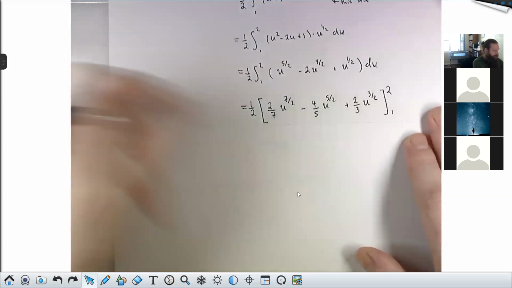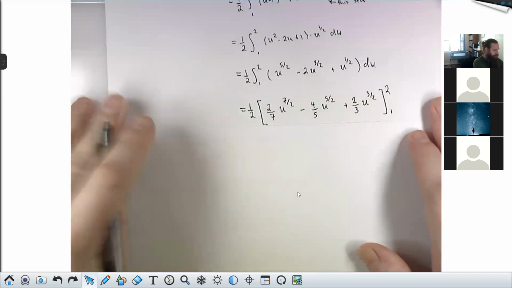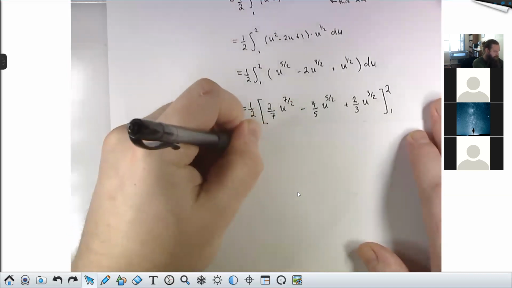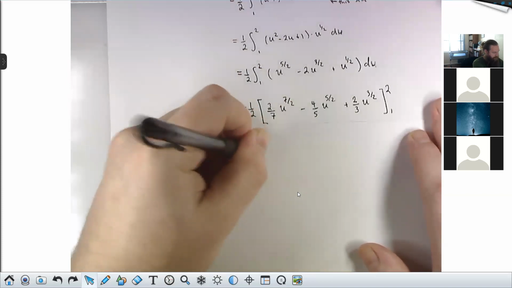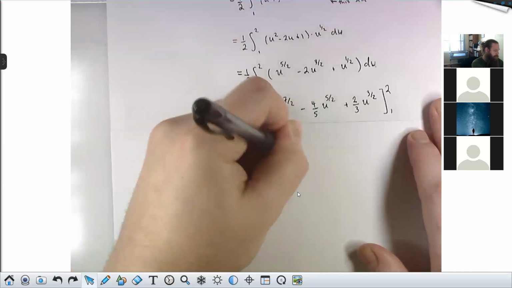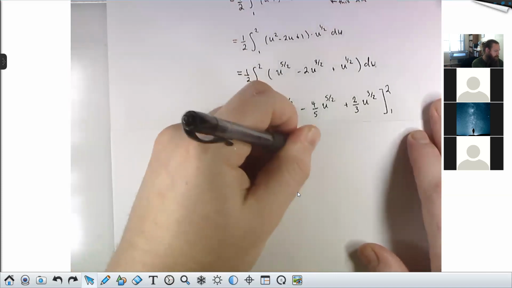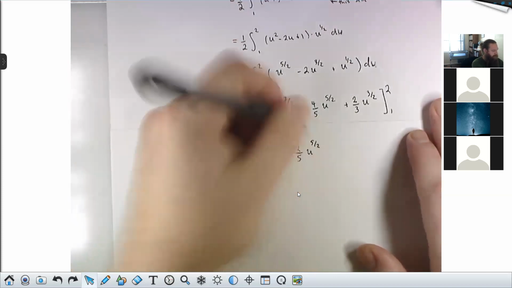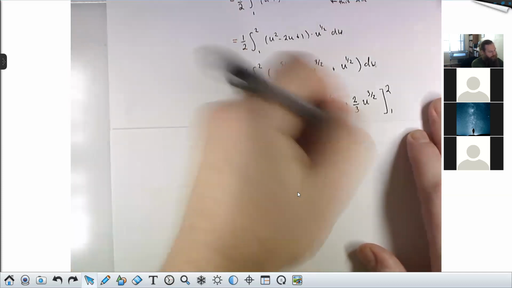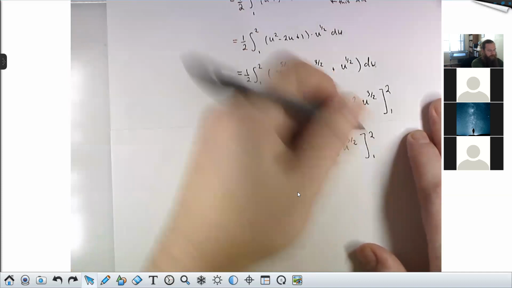This will become 1/7 u to the 7/2 minus 2/5 u to the 5/2 plus 1/3 u to the 3/2 evaluated from 1 to 2.